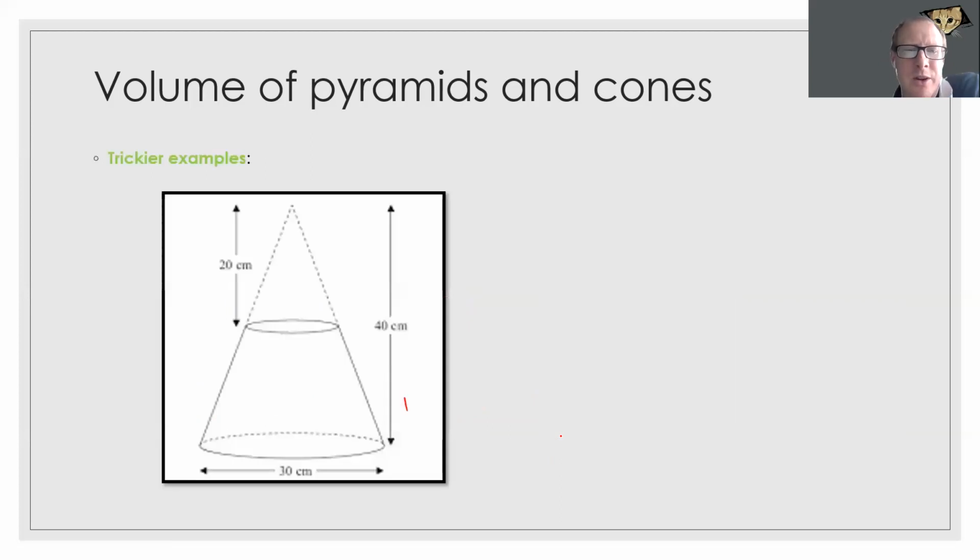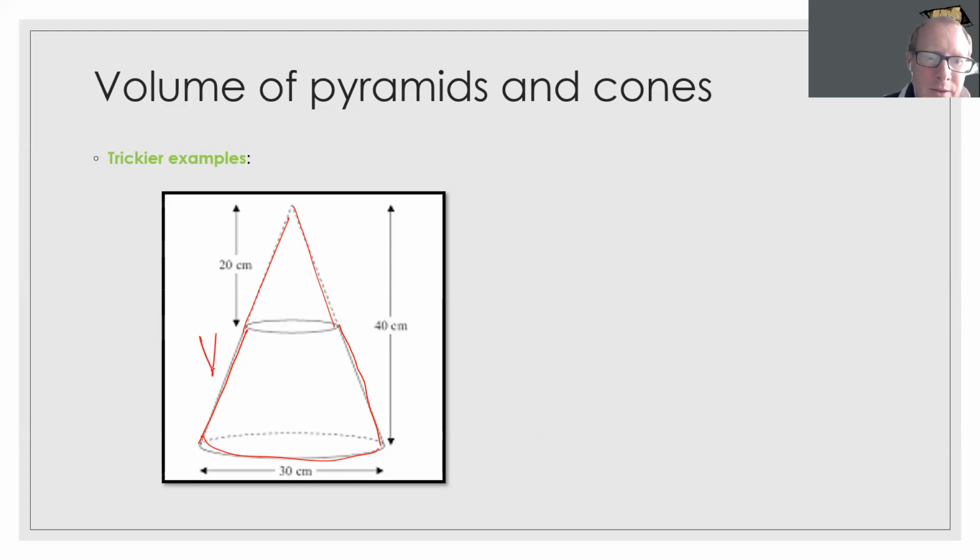And now we move on to a trickier example. Here we've got this cone that has the top chopped off it. Okay? So if we want to figure out the volume of this shape here, we first consider the whole cone, and then we're going to take away the top part.